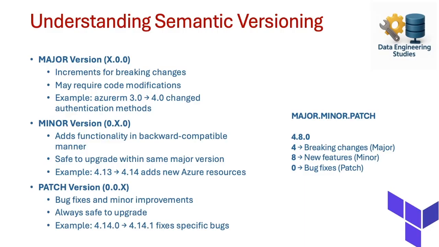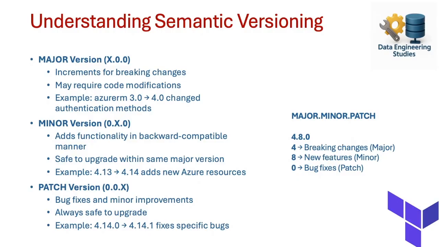For instance, version 4.14.0 to 4.14.1, this might fix specific bugs that cause problems, but all features work exactly the same. So remember, major means breaking changes, minor for new features, and patch for bug fixes. Understanding this system helps you make informed decisions about when and how to upgrade your dependencies.